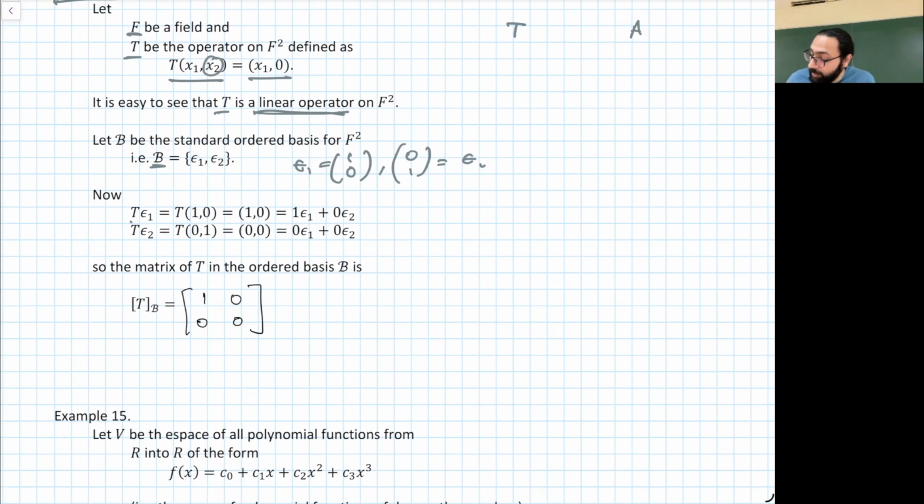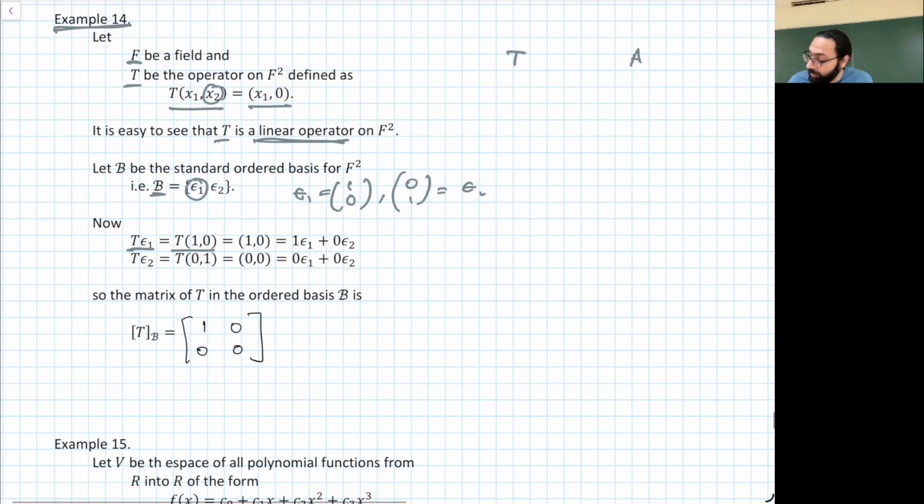Explicitly, the way we do it is we apply T to the elements of the basis B. So T of (1, 0) is going to be what? You just keep the first component. So T of (1, 0) should be what? Yeah, exactly. It stays unchanged because the second component is already 0.